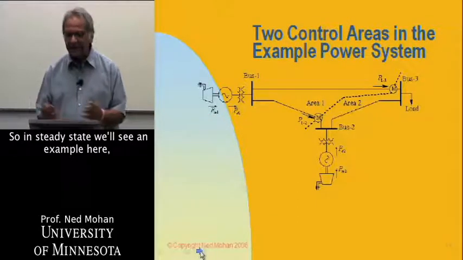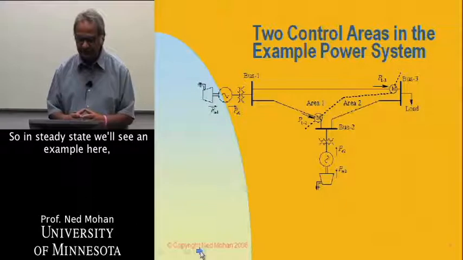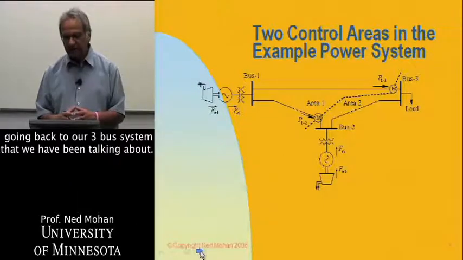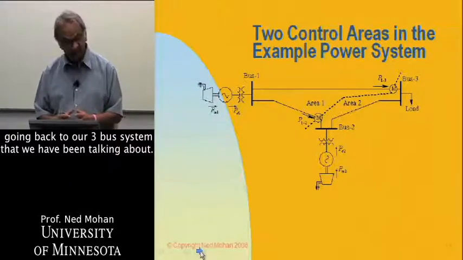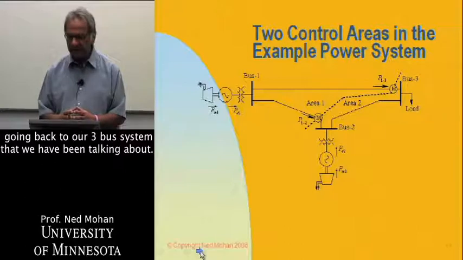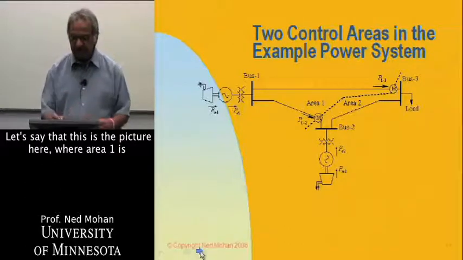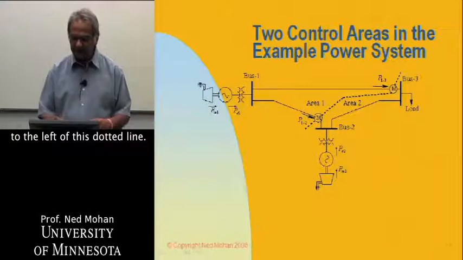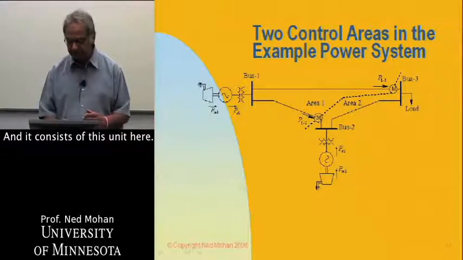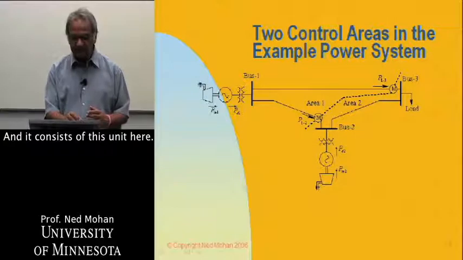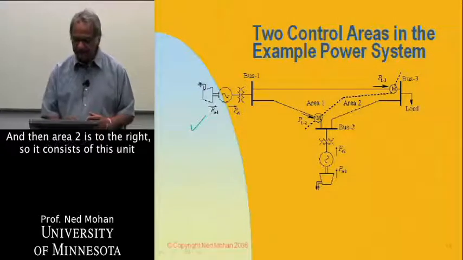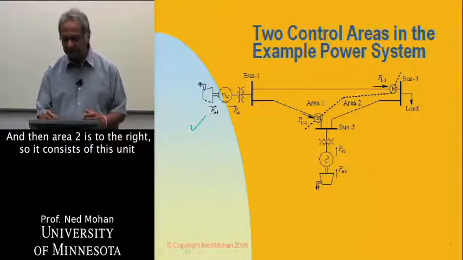In steady state, we'll see an example, going back to our 3-bus system that we have been talking about. Let's say this is the picture, where area 1 is to the left of this dotted line and consists of this unit, and area 2 is to the right, so it consists of this unit and this load.